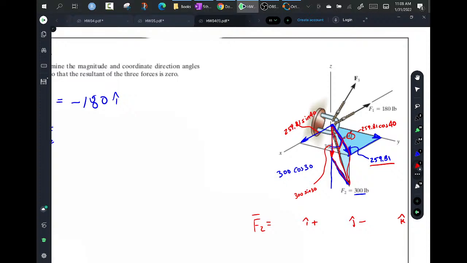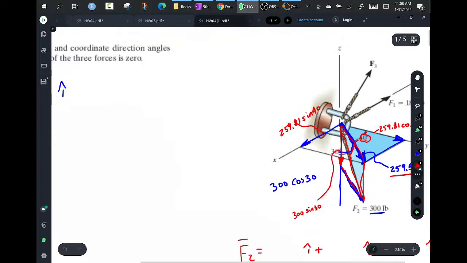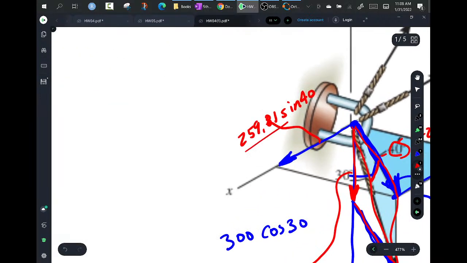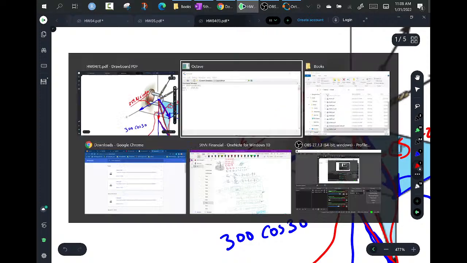So, did I find the actual value here? No, but I think I'll do that real quick.